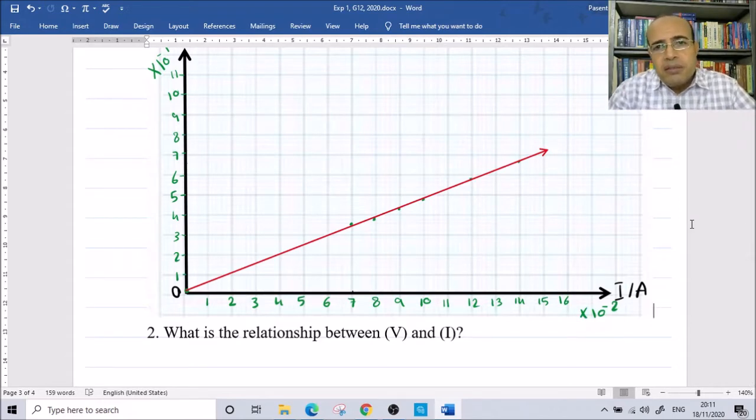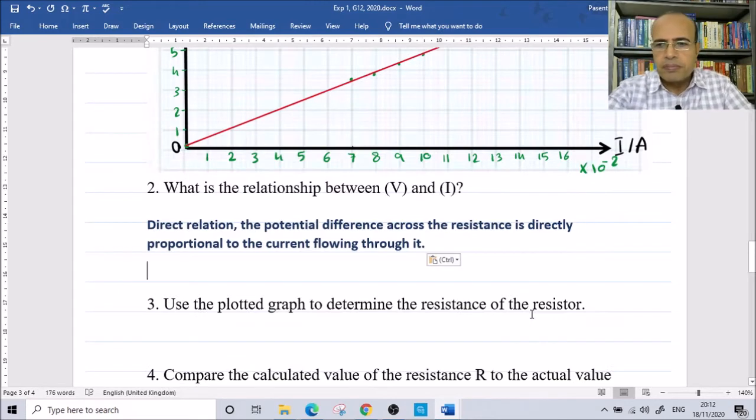The points are accurate because we used a digital ammeter and digital voltmeter. So what is the relation between V and I? The potential difference is directly proportional to the current.